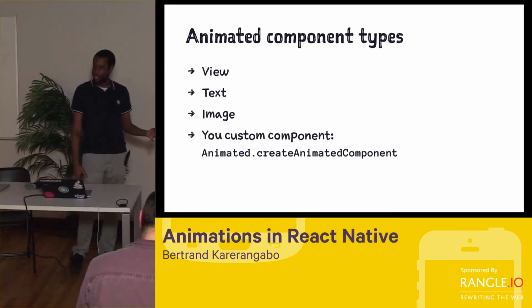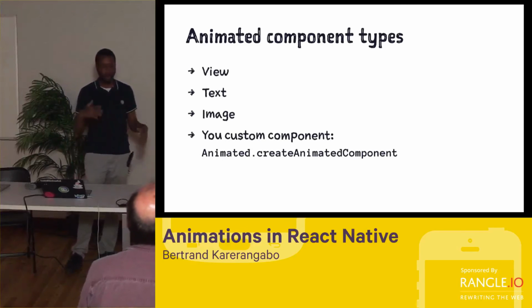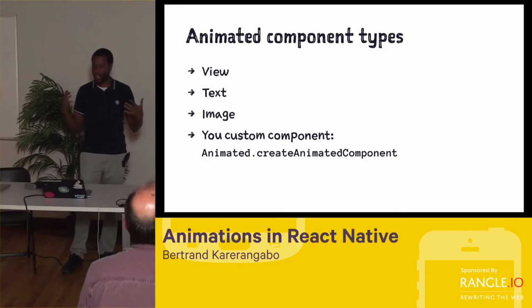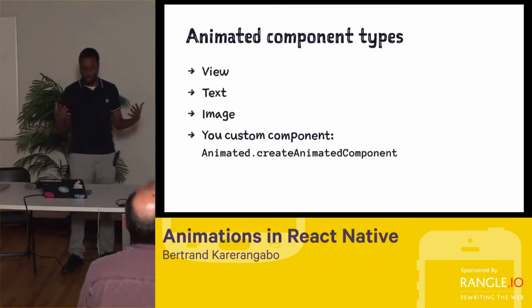We saw Animated.Image. In order to have all this work, including setting that bounce value and not having to call this.setState at every single point, you need to use animated-aware components. It ships with about three: View, Image, and Text. The nice thing is that you can create your own by just wrapping it and creating an animated component.